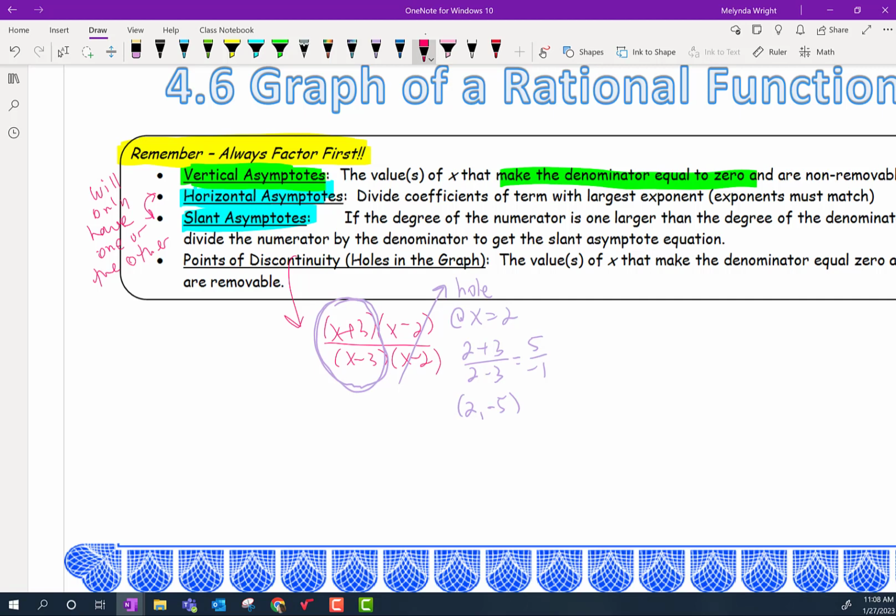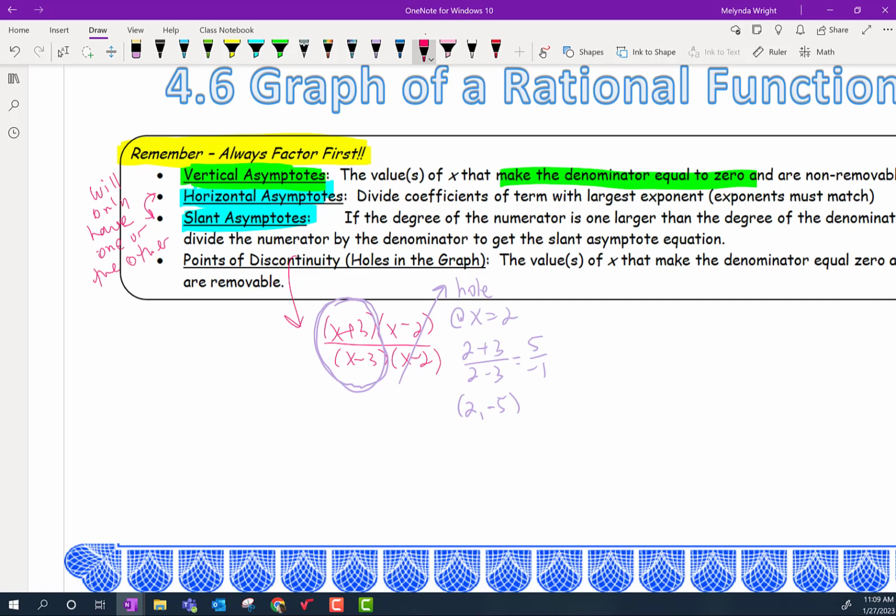The last thing I want to talk about is the horizontal asymptotes. Last year, our rational functions behaved normally. This year, sometimes they behave badly. Let me explain what I mean by that.